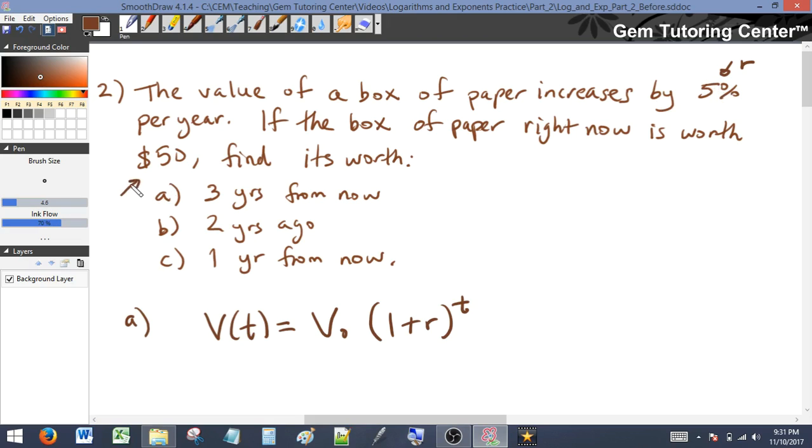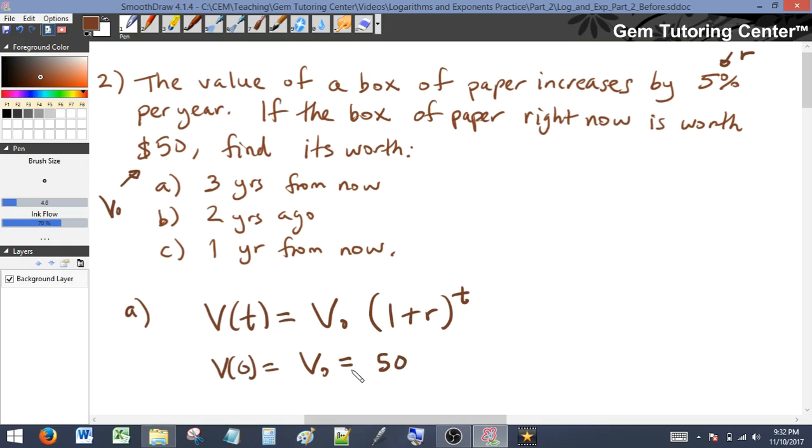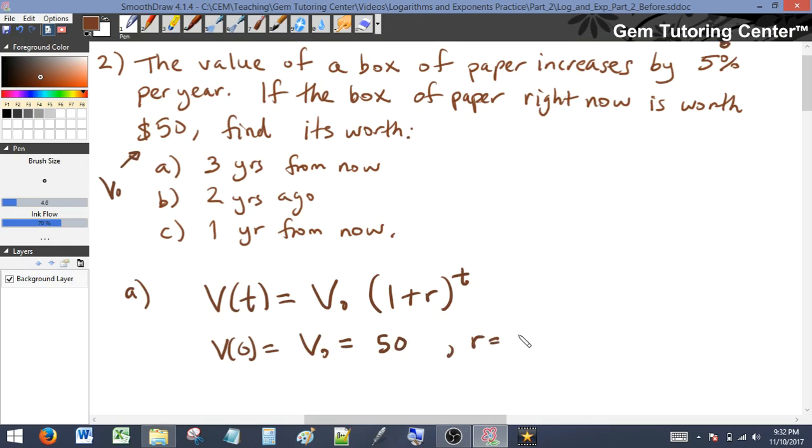And this is v naught, because this is the value currently, right now, at v of 0. V of 0 equals v sub 0, which equals $50. And r, they tell us, is equal to 5%, which is equal to 0.05.